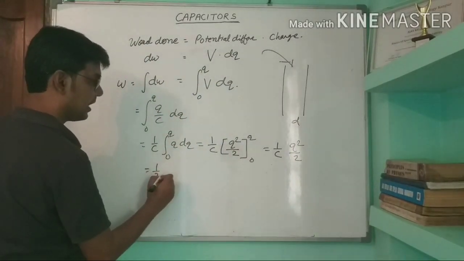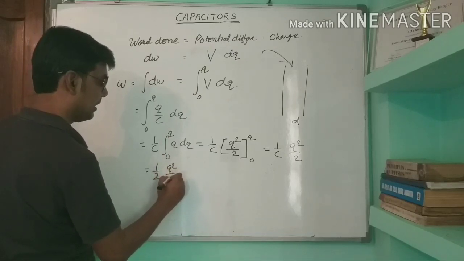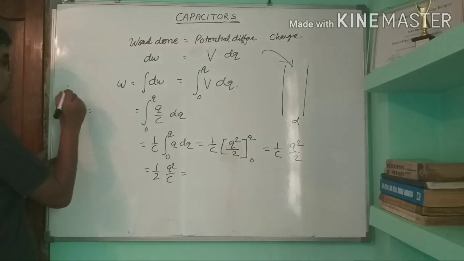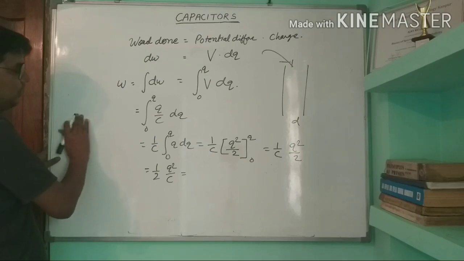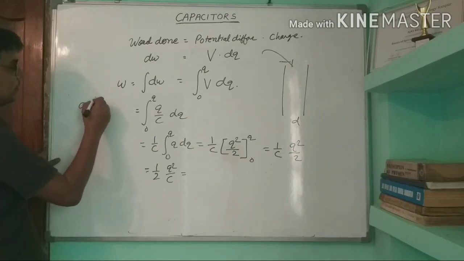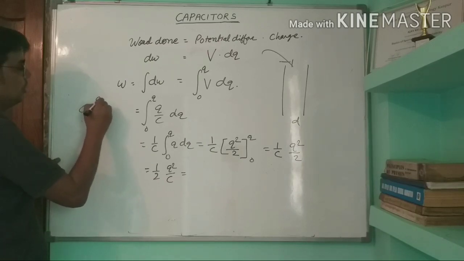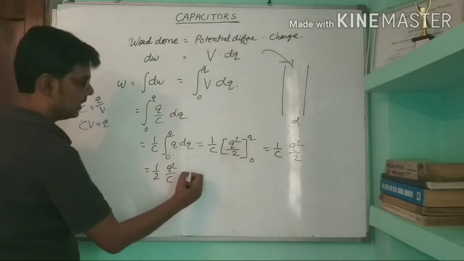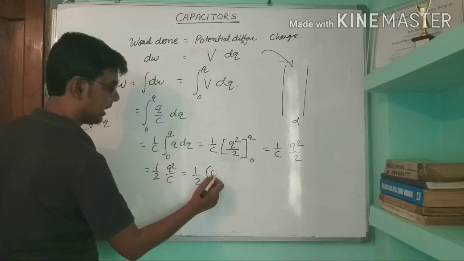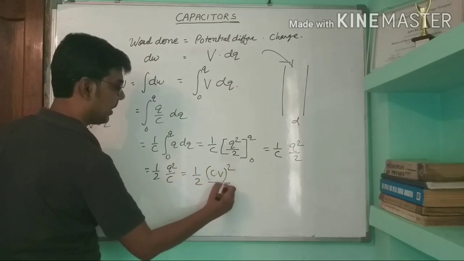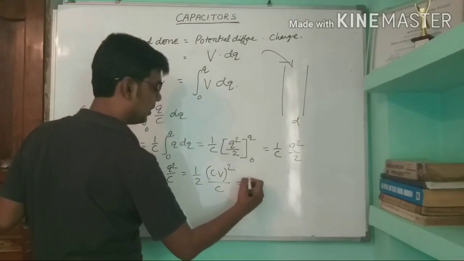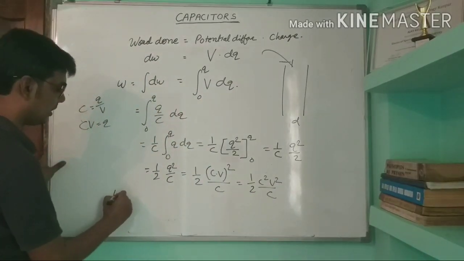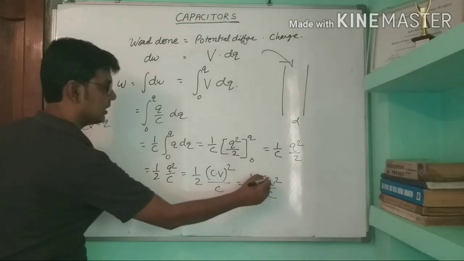So you can write it as 1 by 2 Q square by C. Instead of Q we will write, as we know, C equals Q by V, so CV equals Q. So it will be equal to 1 by 2, C square V square by C. So finally work done W is equal to this, and one C will be cancelled.